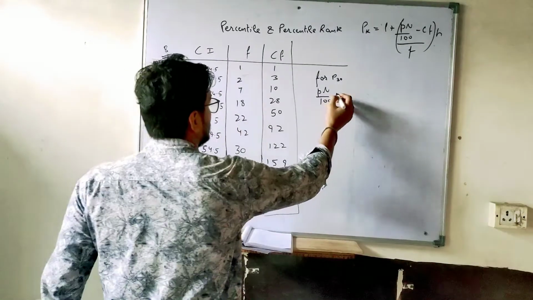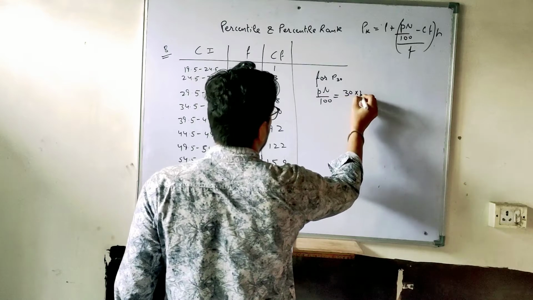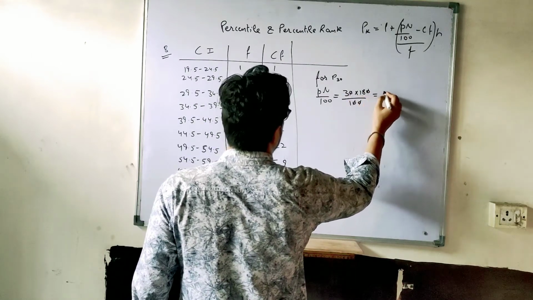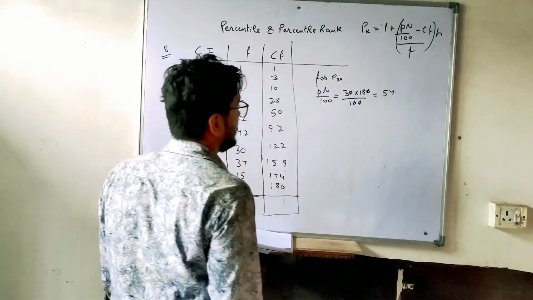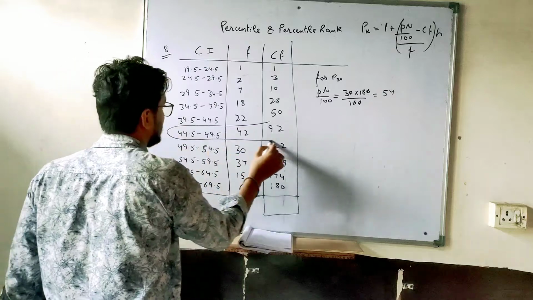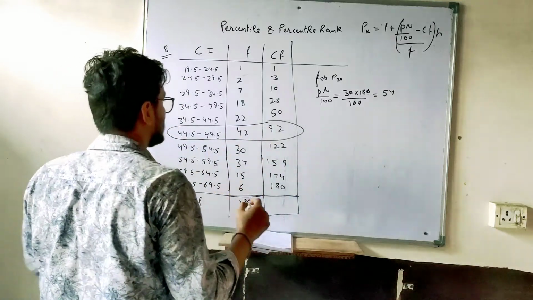So 30 times 180 upon 100 is 54. Now 54 will lie in this class.